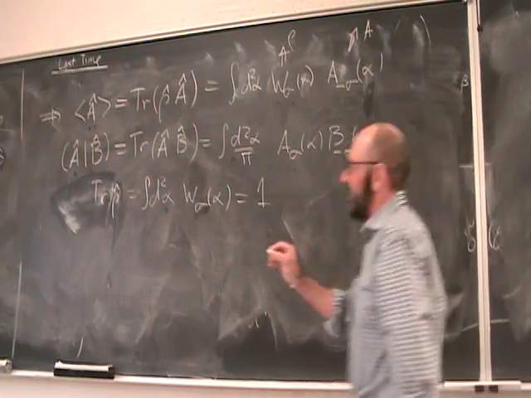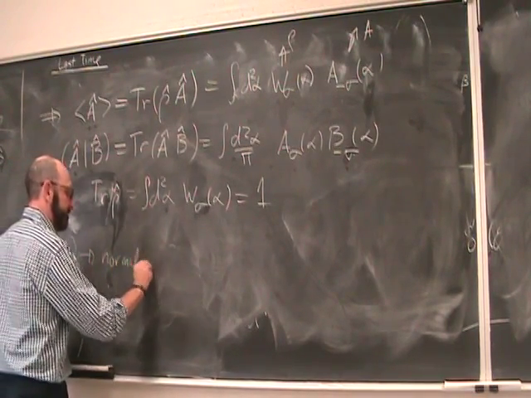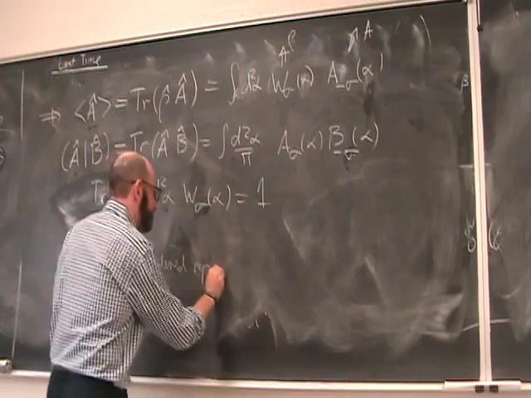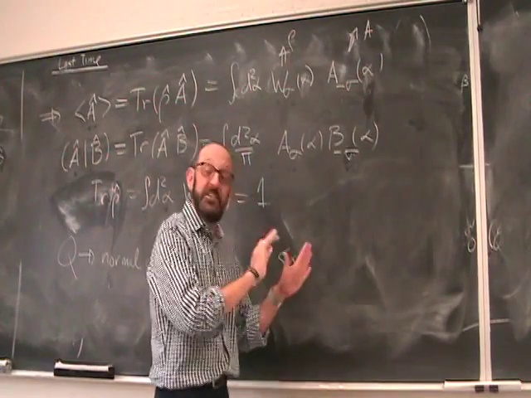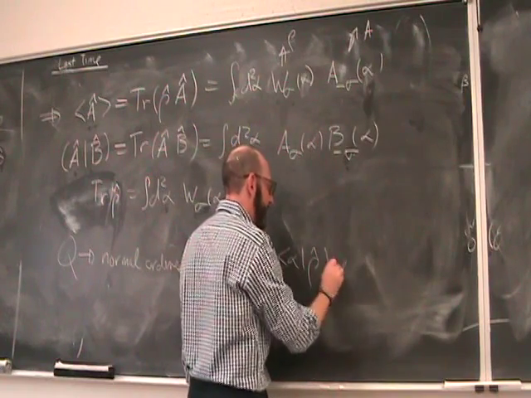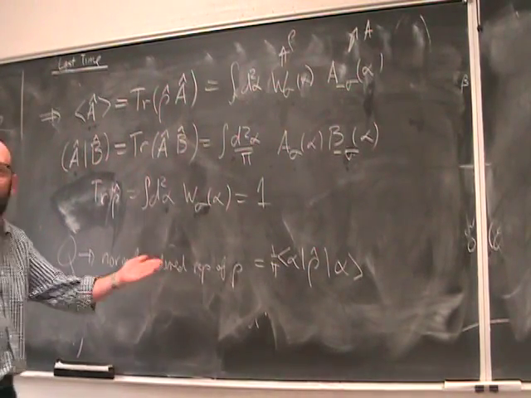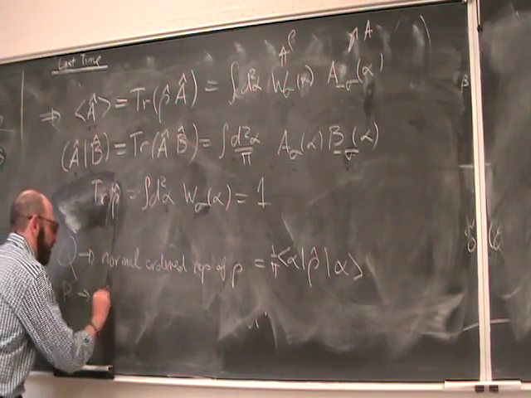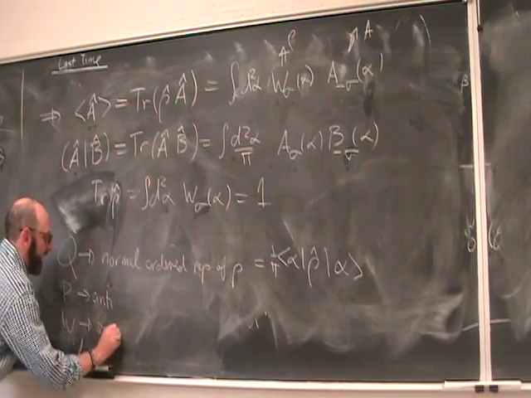So again, Q is equal to the normally ordered representation of rho. And of course, that's the same thing, as we know, there are so many different relations here. When I take that trace with t minus 1, it's the same thing as that, right? That's the same thing as taking the trace. And then P is the anti-normally ordered, and W is the symmetric. And they come in these pairs.